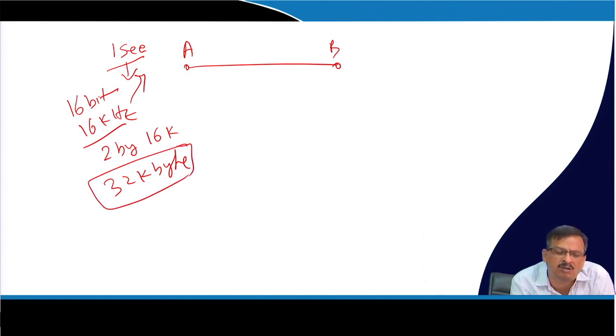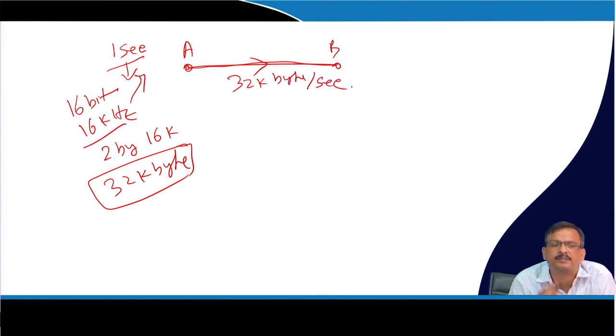If I want to transfer in real time from A to B, the minimum bandwidth is 32 kilobytes per second. That much speed I require.